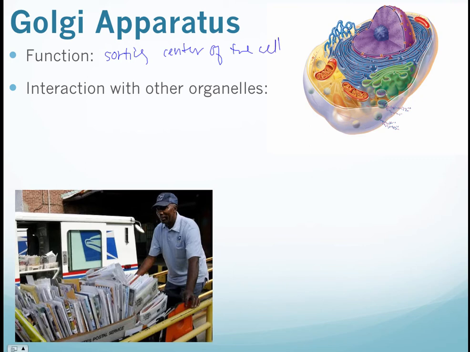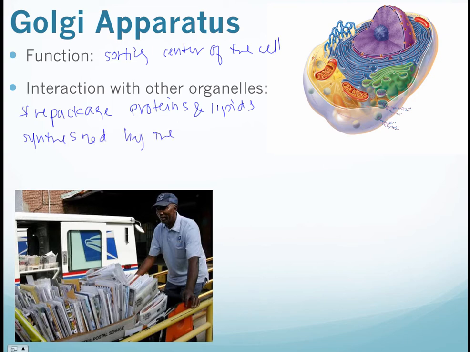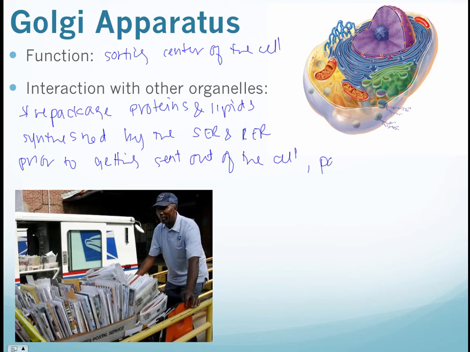And especially it's going to help send off, it's going to help repackage proteins and lipids synthesized by the smooth endoplasmic reticulum and rough endoplasmic reticulum prior to getting sent out of the cell, or if those vacuoles become part of the membrane.